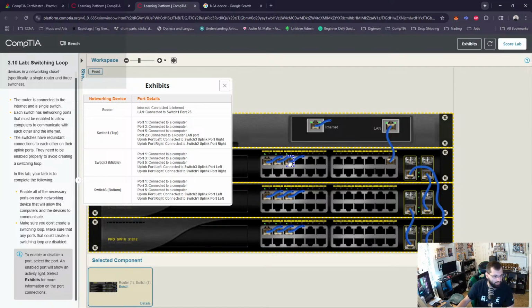Okay, I feel like all of these need to be on because they're all connected to a computer. It just doesn't say what computer. Uplink port left. Switch 3 uplink port left. Okay, let's think about this.